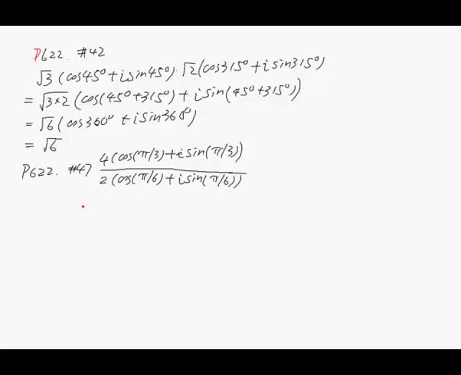For two complex numbers in trigonometric form, to find their quotient, you just divide their moduli and then subtract the arguments, right? So 4 divided by 2, you get 2. Let me put a 2 here, and actually we don't need this division bar.